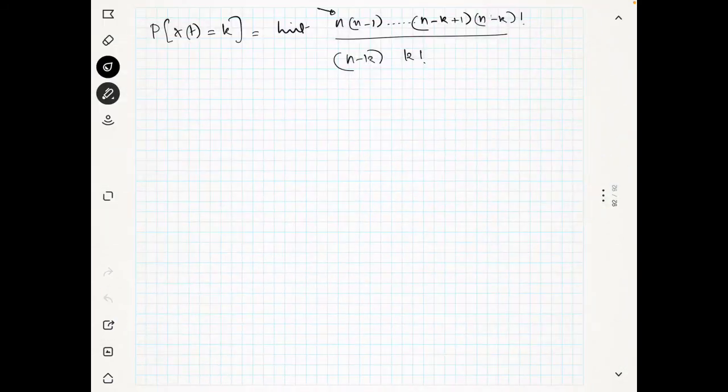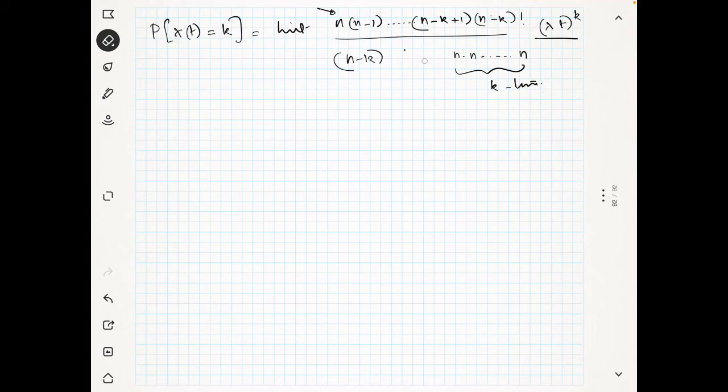So it becomes lambda t whole raised to k divided by n raised to k. That means n into how many times? That means k times. Then there is a k factorial. This k factorial I will move here.